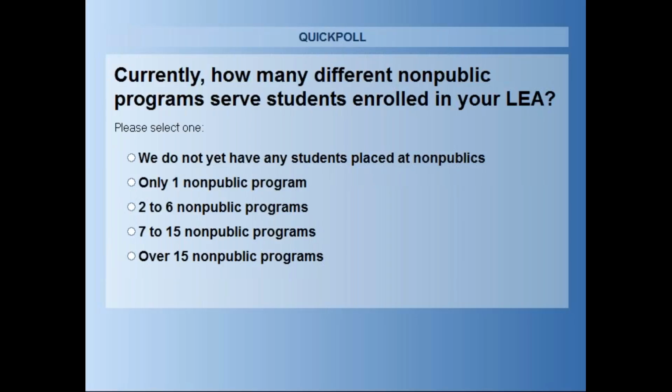This is for those of you that do have non-public students enrolled at your LEA. Sometimes those students are scattered across many different programs, or sometimes all of them are attending one particular program. So we'd like to get a sense of the quantity of different non-public programs that you interact with on a regular basis.